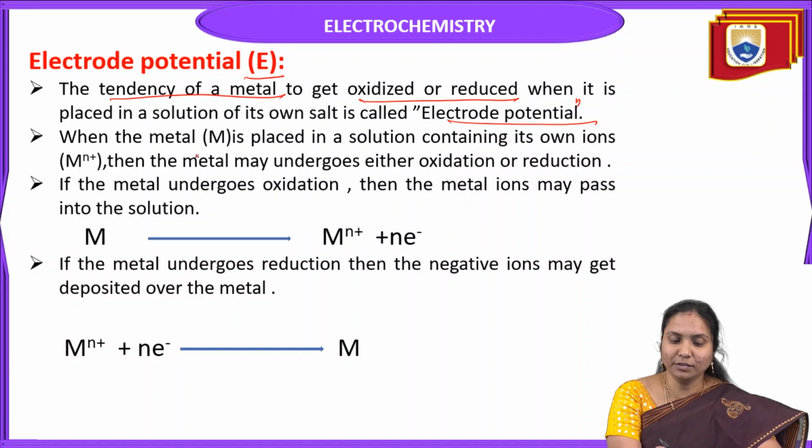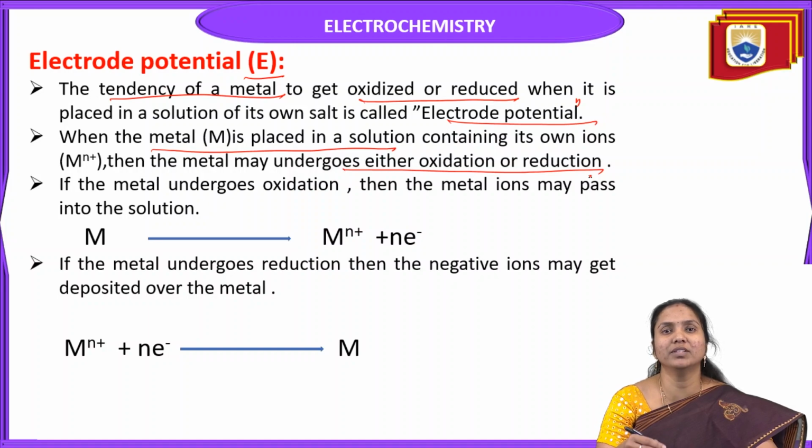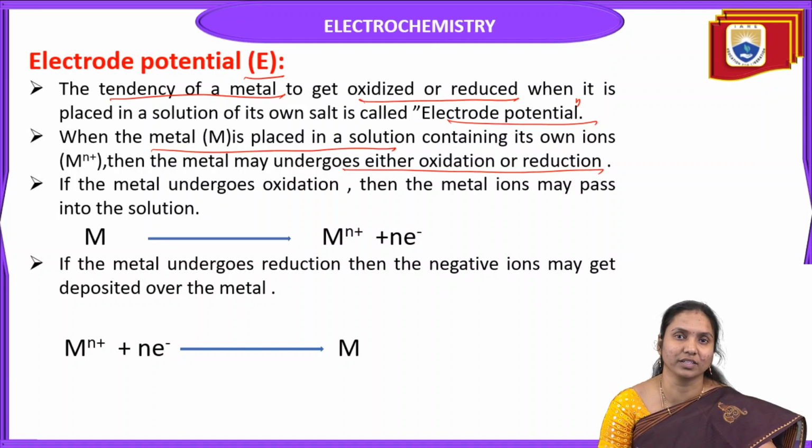When a metal is placed in a solution containing its own ions, the metal may undergo either oxidation or reduction. For example, take zinc and copper electrodes. When zinc is dipped in its own salt solution, zinc sulfate, it undergoes oxidation, that means loss of electrons, so the zinc electrode acts as anode.